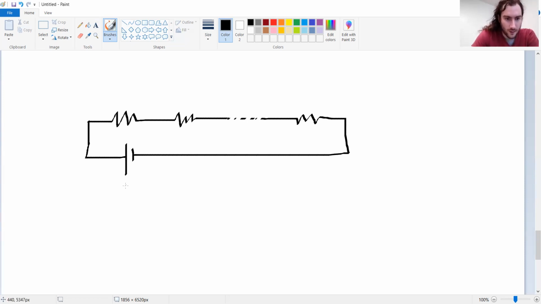Again, it doesn't matter what the potential difference is here, but R1, R2, all the way out to Rn. Let's just draw it in for completeness there.